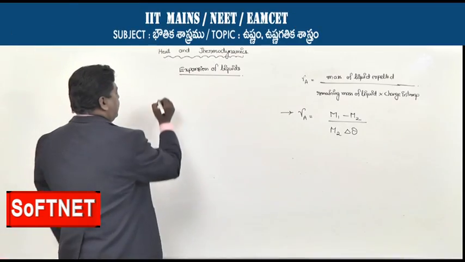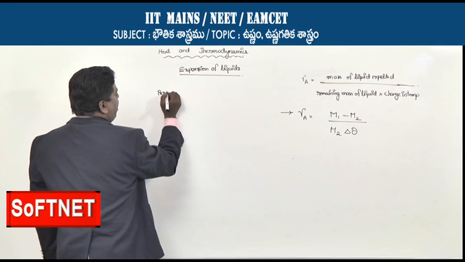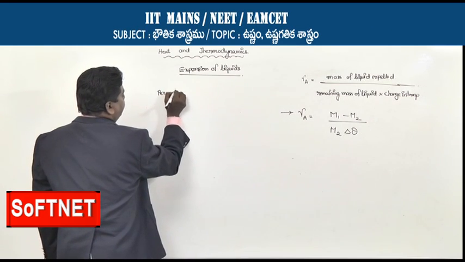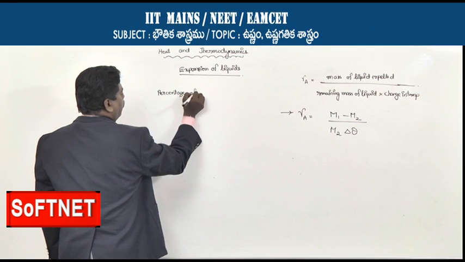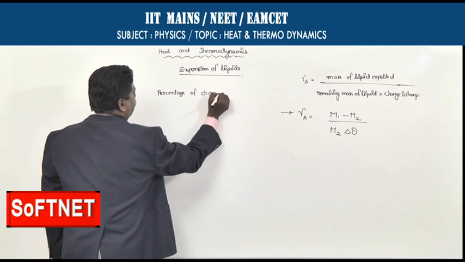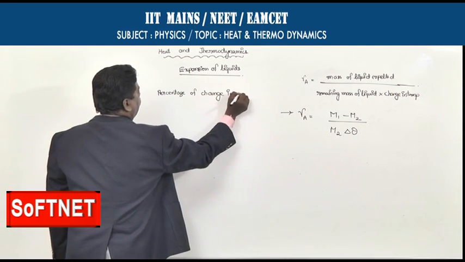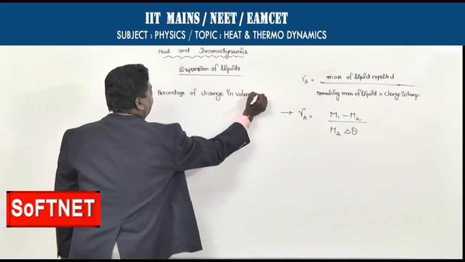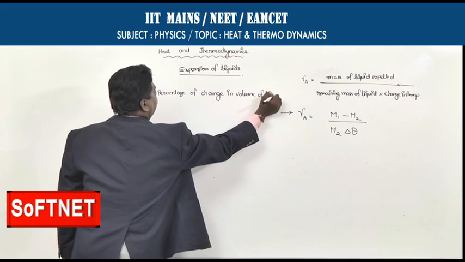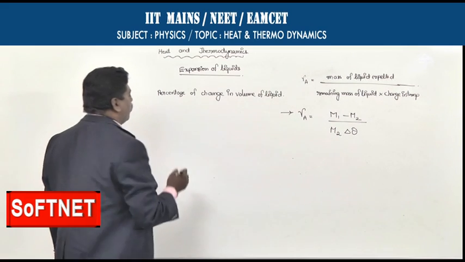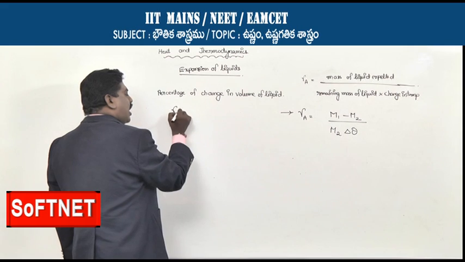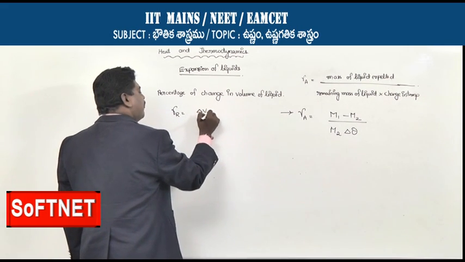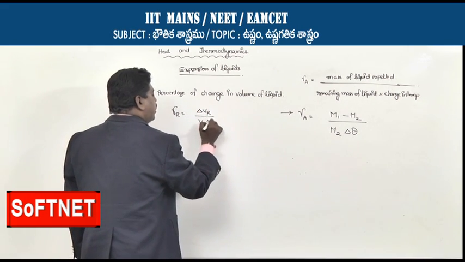Let us consider percentage of change in volume of liquids. We know the formula as gamma R equals delta VR by V into delta theta.